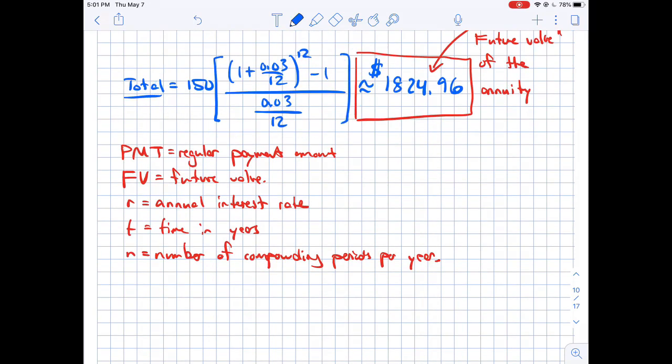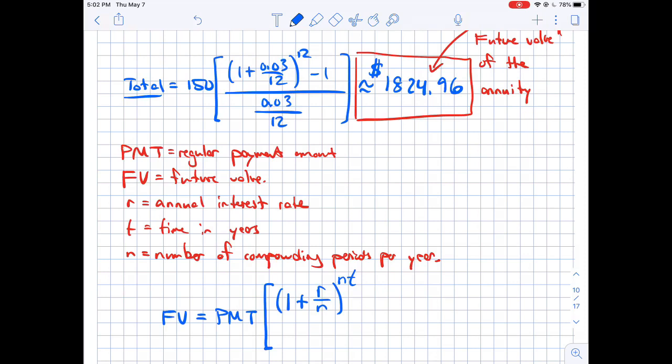So the amount we have at the end, the future value, is going to be equal to the payment, PMT, multiplied by (1 plus the rate, the percentage divided by N, which is the number of compounding periods per year). So it's 1 plus R over N. And then this exponent here is going to be N times T. That's the number of compounding periods per year multiplied by the number of years.